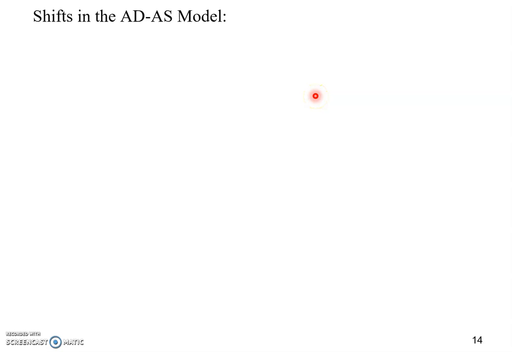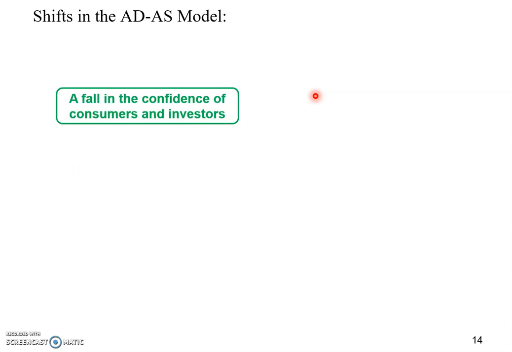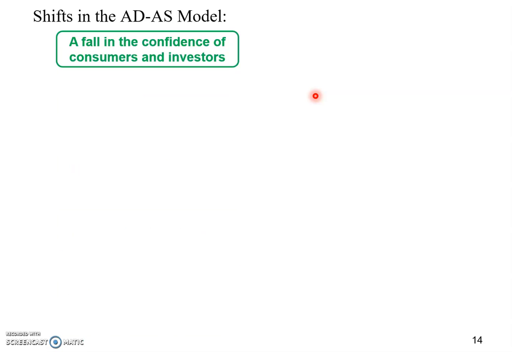Now let's look at the shift of the AD and AS model on the graph. We're going to consider four different cases. The first case is a fall in the confidence of consumers and investors.